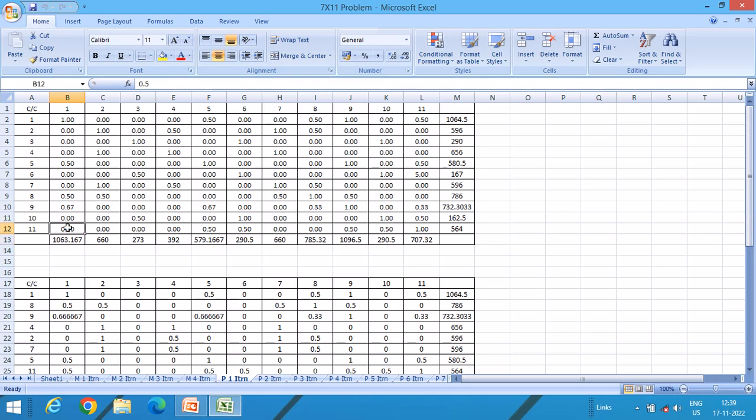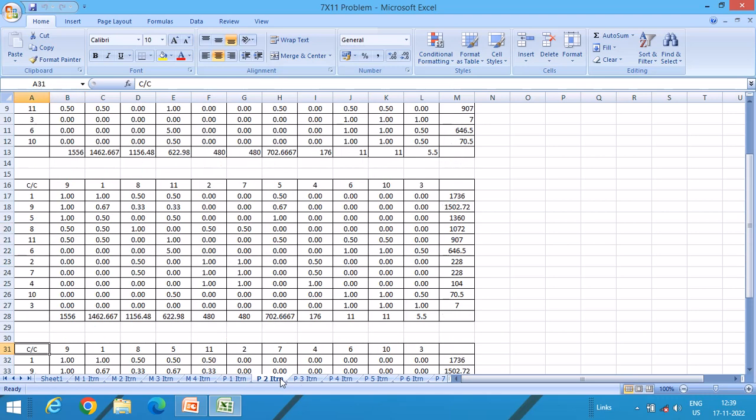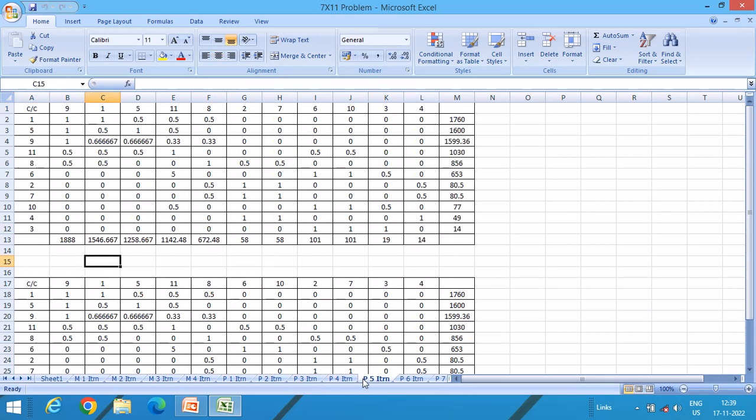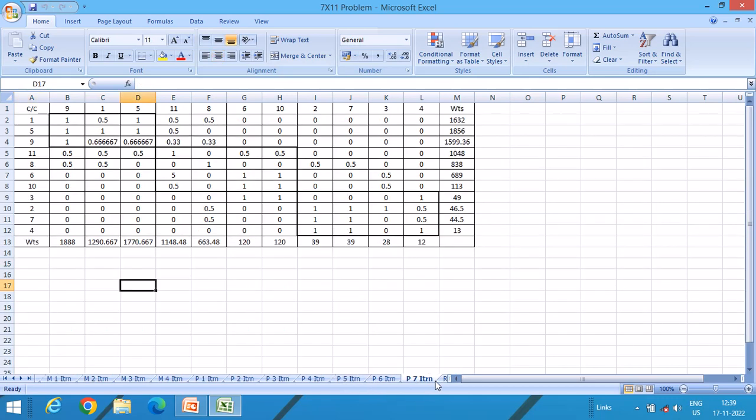So likewise c minus x in the column. So I am doing the same iteration until I get the proper order of weights in the columns as well as rows.